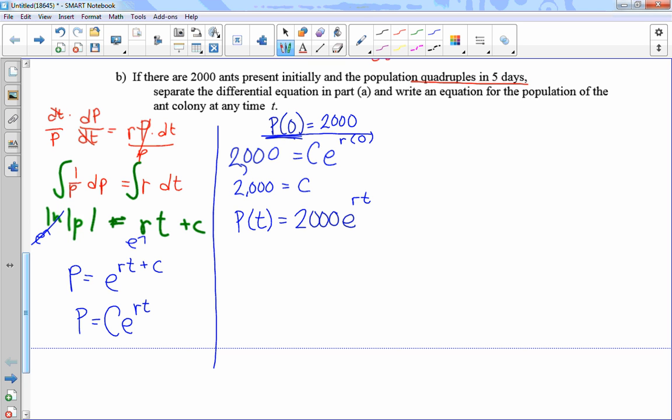Quadruples. So what? Well, our initial population was 2,000, and over time it quadruples. So how much will be there in 5 days? P of t will be 8,000. Because we don't know the rate, we do know the time is 5.